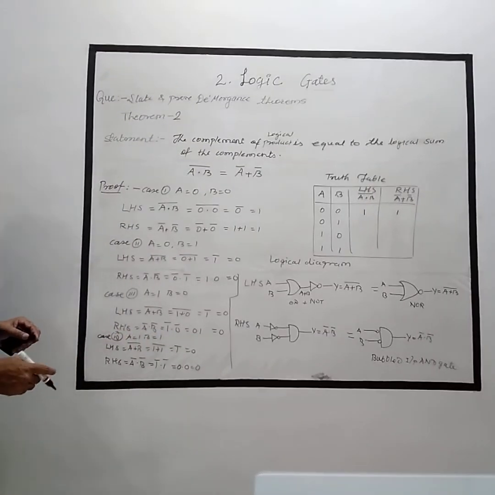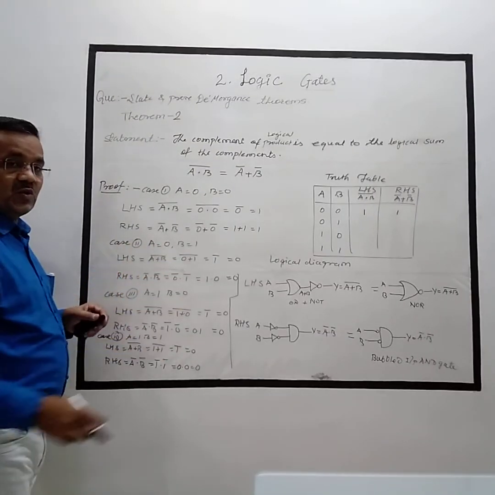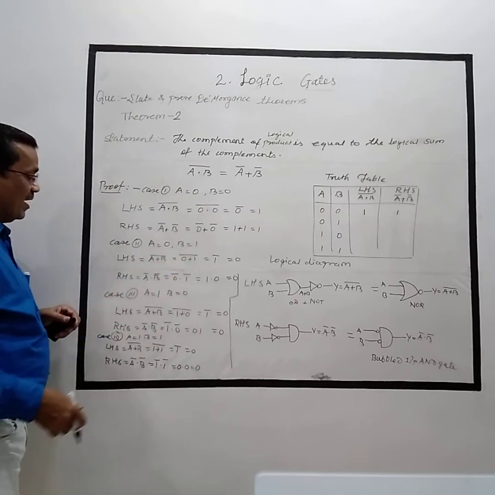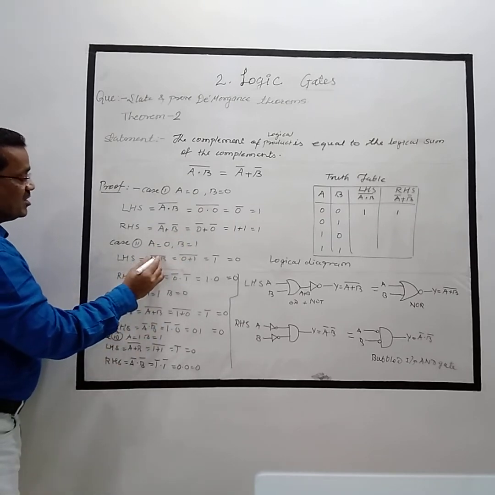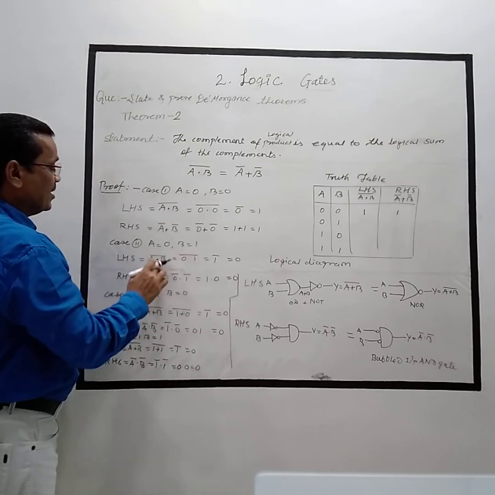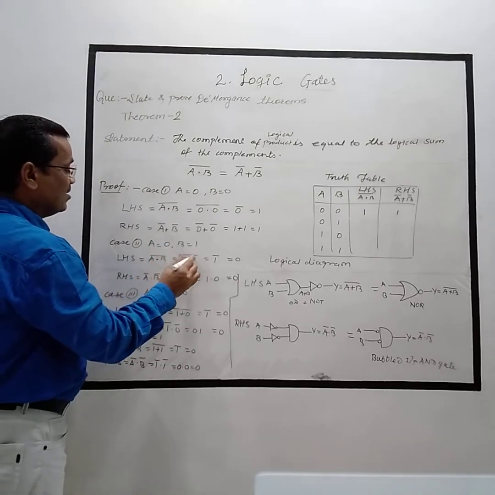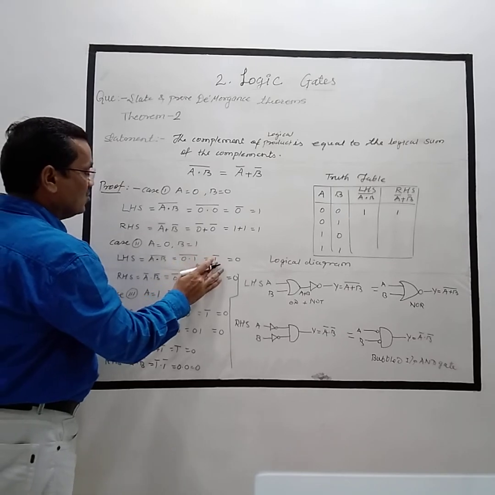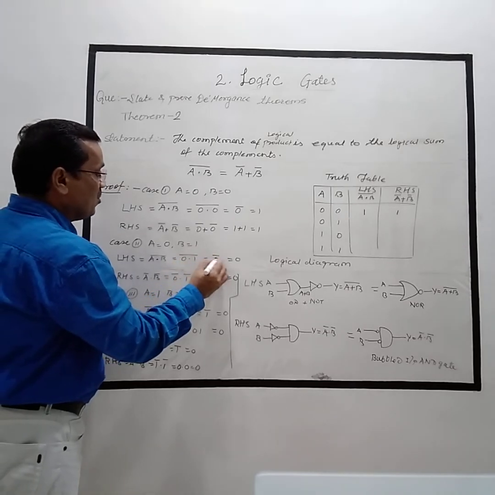Now the second condition, if A is equal to 0 and B is equal to 1, substitute these values in this equation. A dot B, here A is 0, B is 1, 1 into 0 is 0, 0's complement is 1.